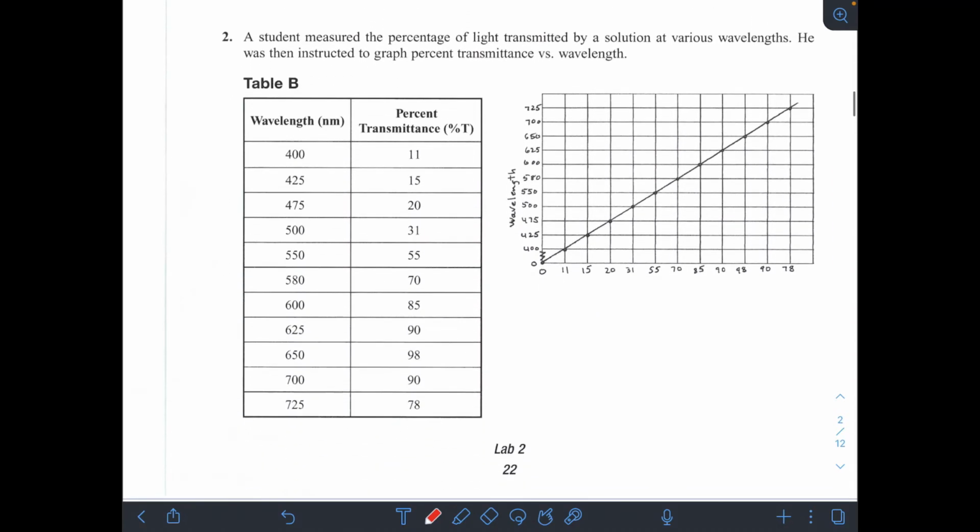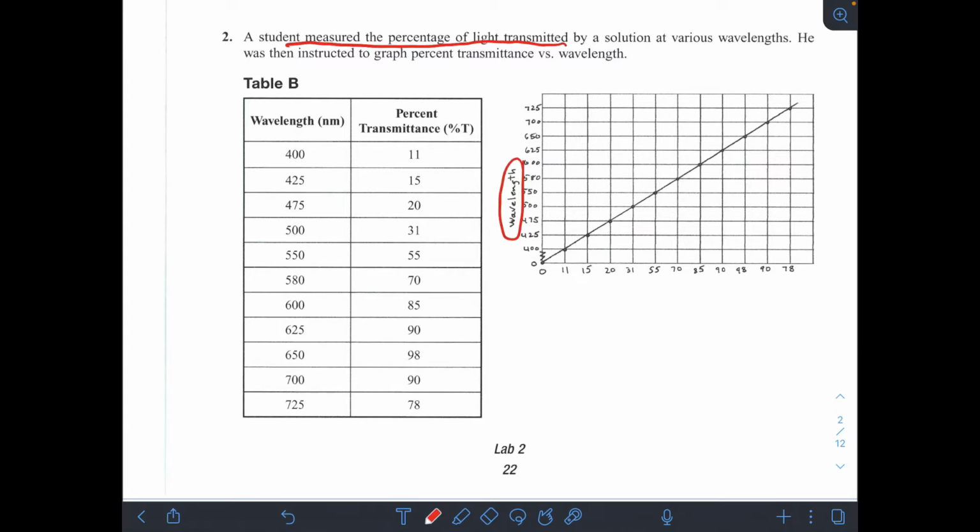All right, now moving along to our next section. So here our student measured the percentage of light transmitted. Right, so that's going to be the y-axis. Right, and we can see right away that the student made the wavelength the y-axis.